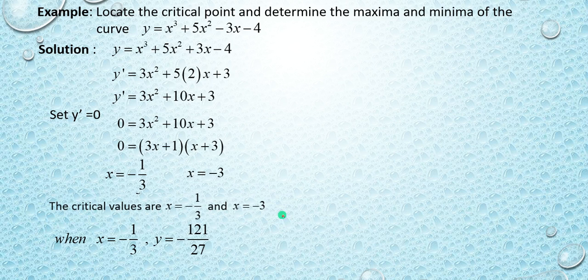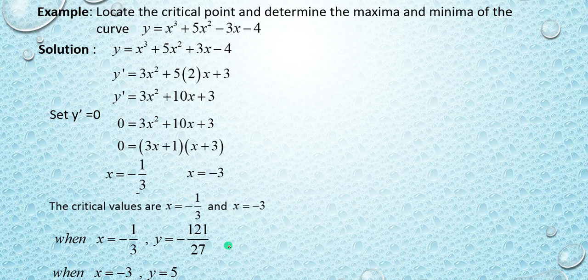When x equals negative 1/3 and we plug it into the original equation of the curve, we got the value of y equals negative 121 over 27. And also, when x equals negative 3, y equals 5.